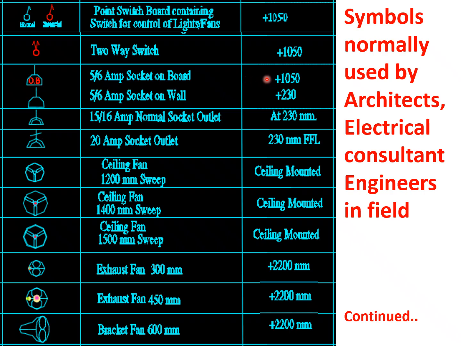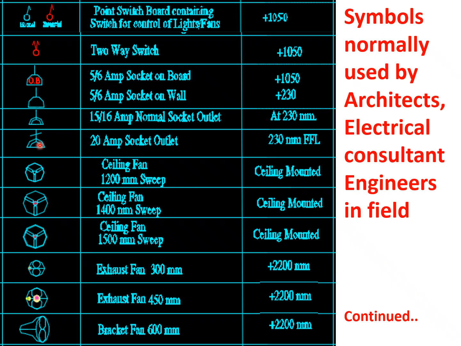This is at the height of 1.05 meters. Similarly, this is 15 or 16 ampere normal socket outlet. This is generally mounted at a height of 230 mm from finished floor level.